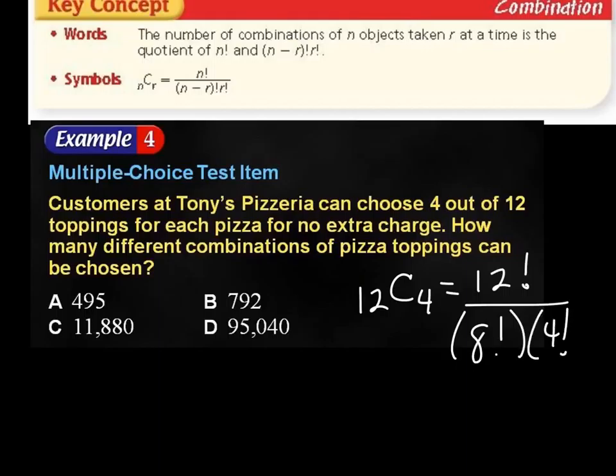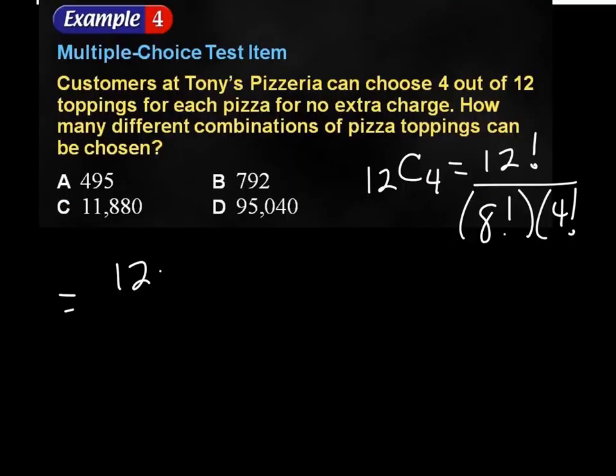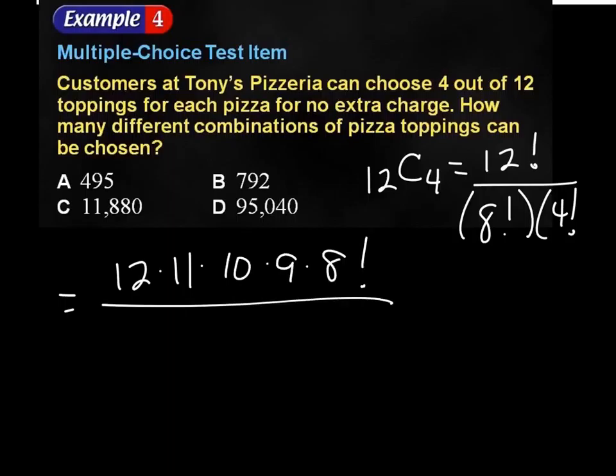To simplify, 12 factorial means 12 times 11 times 10 times 9 times... okay, I'm going to get lazy and stop at 8 factorial because I have an 8 factorial in the denominator that I know can cancel out. I'm going to go ahead and write 4 times 3 times 2 times 1 for that guy.